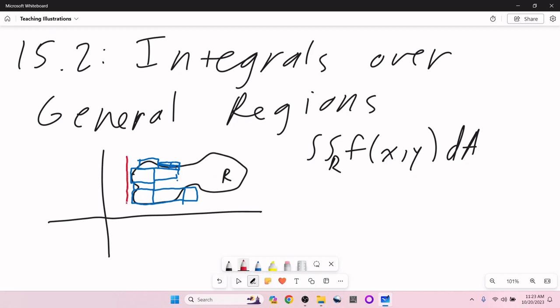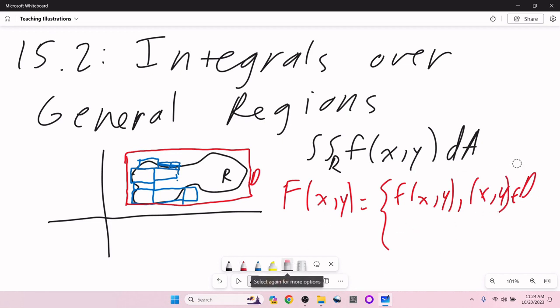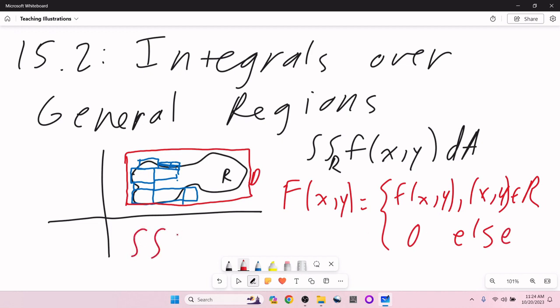Another way, the way that I think our book, or at least a book does, would be to put a big rectangle around it, maybe call that D, and then define a new function, capital F, piecewise, which is little f when x, y is in D, or in R, sorry, and 0 for everything else when it's not in R, and then do the double integral of big F over the larger rectangle D. I'm not wild about this way of doing things because this function, capital F, is not continuous.